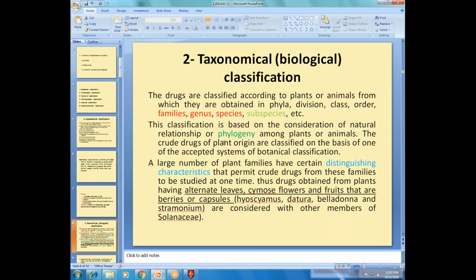And fruits that are berries or capsules: if you open the capsule, there are seeds inside. You know the berries, right? There are different types of berries.